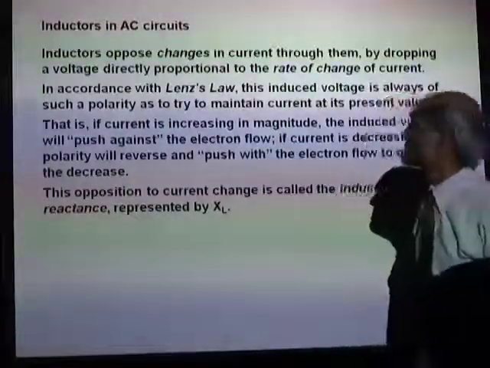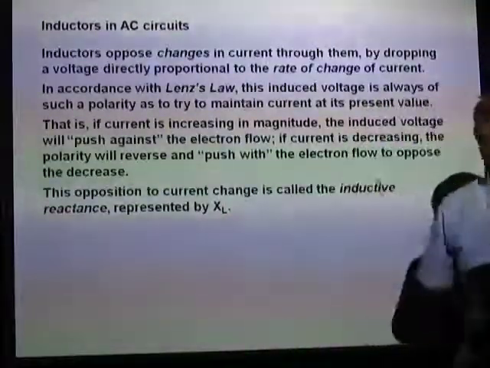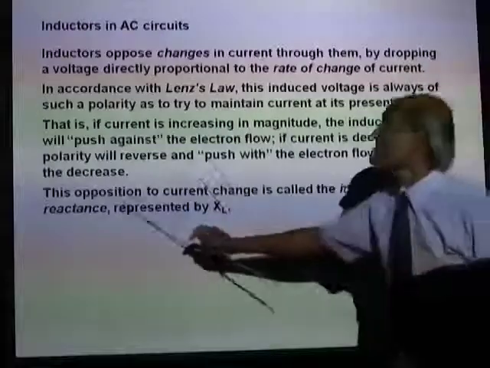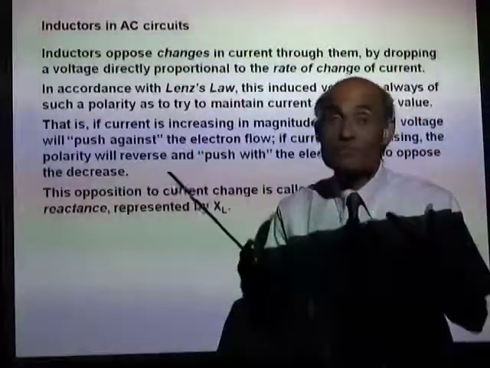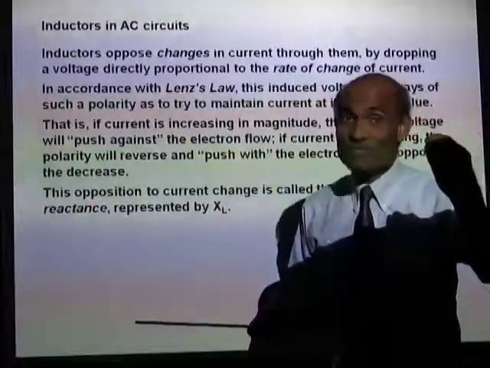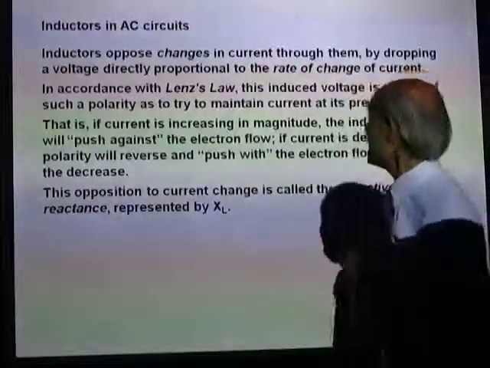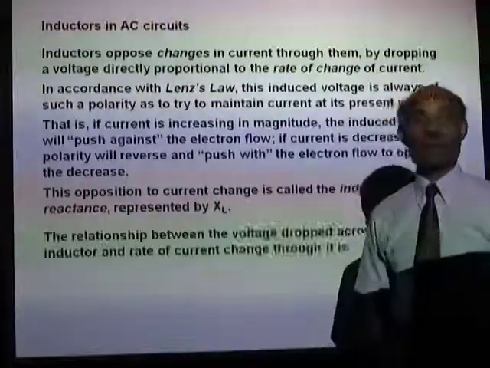This opposition to change in current is called inductive reactance. This opposition is similar to resistance offered by a resistor, but it's not really a resistance. We call it the inductive reactance, represented by XL.